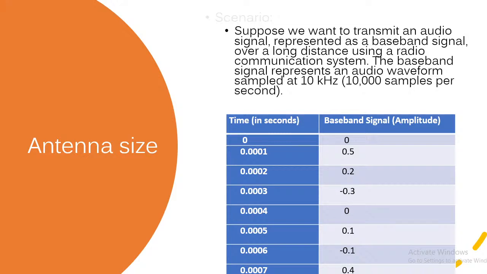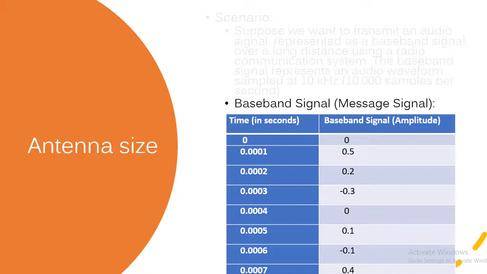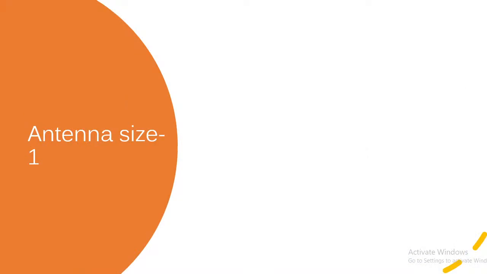Accordingly, time will be 0, 0.0001 up to 0.0007. There are 8 signal samples. Values are given here: 0, 0.5, 0.2, -0.30, 0.1, -0.14. These are the baseband amplitudes. So this is the baseband signal.